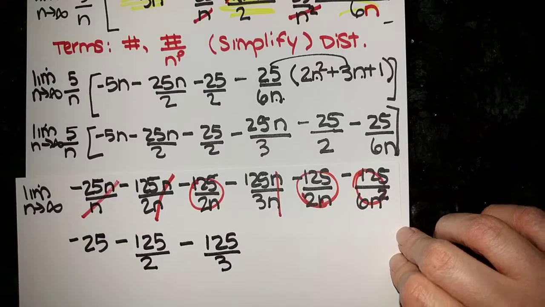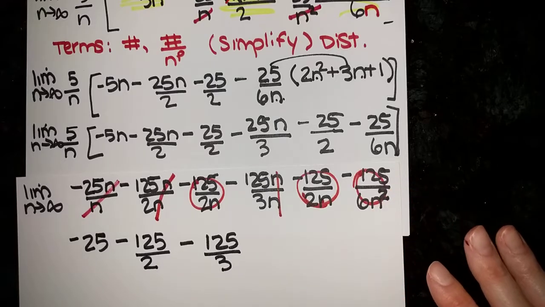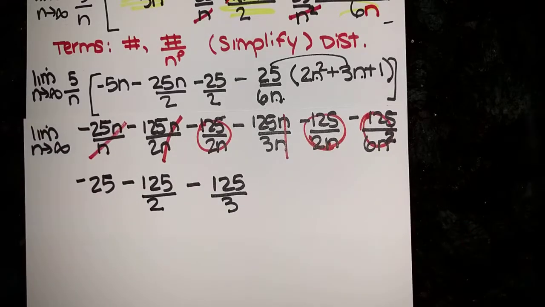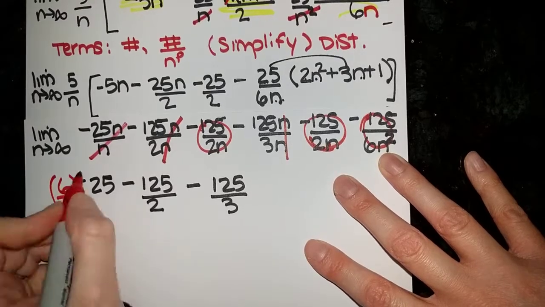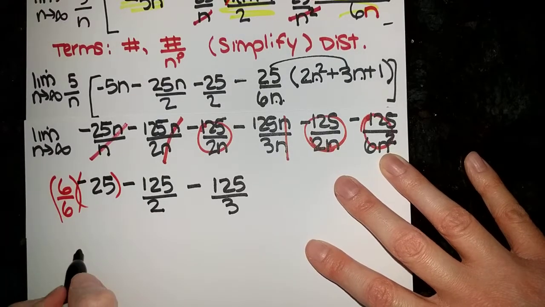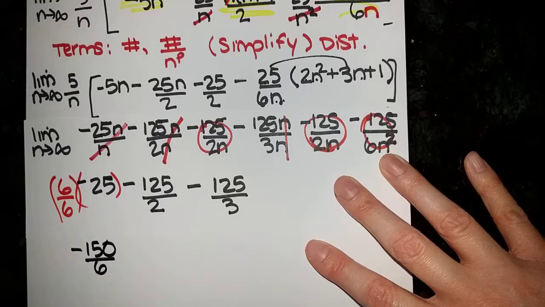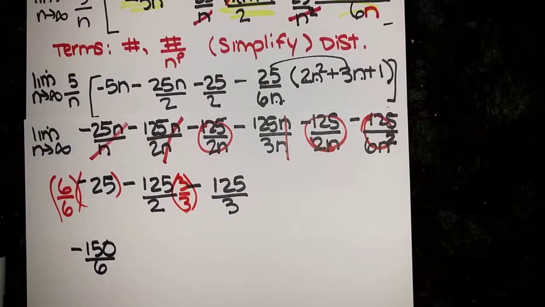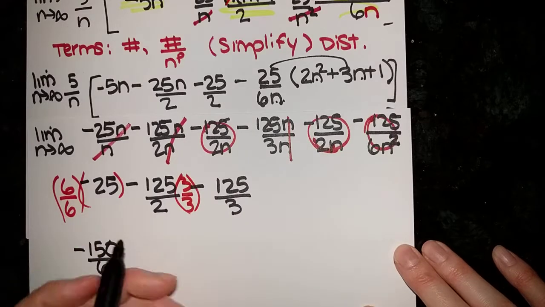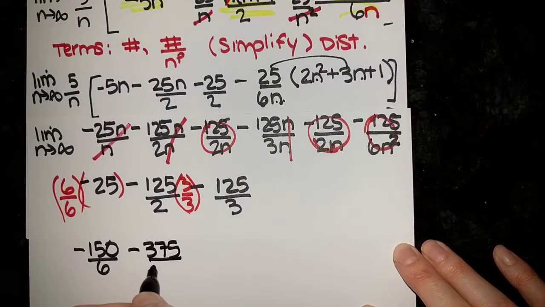Now, you do have to get a common denominator between all of this stuff. So your common denominator would be 6, of course. So you would take 25 times the 6 over 6, and that would give you 150 over 6. The 125 over 2, you multiply by 3 over 3, minus 375 over 6.